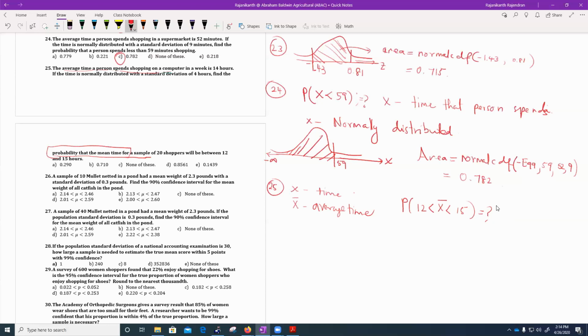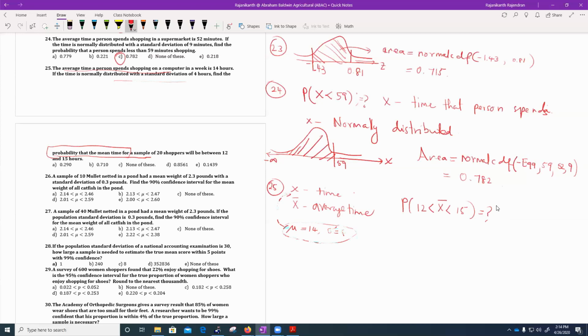So mu for this x variable is given as 14, and the standard deviation is 4. There's no confusion. These two values are for the variable x, the time spent by that person.